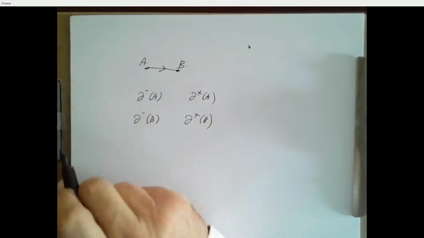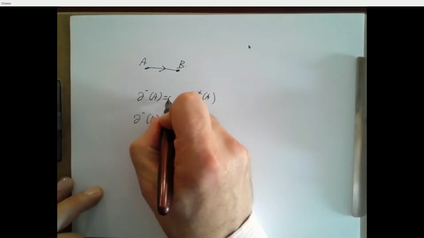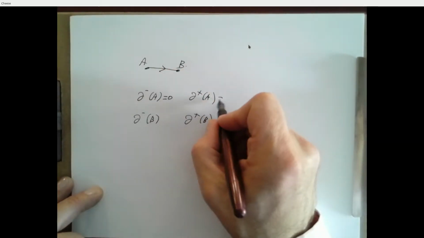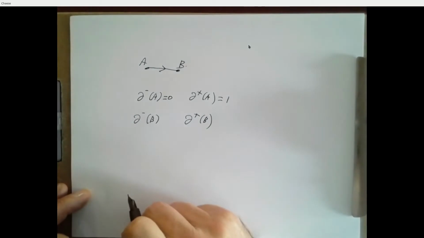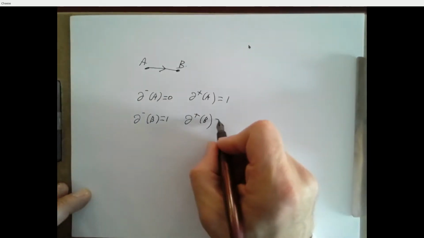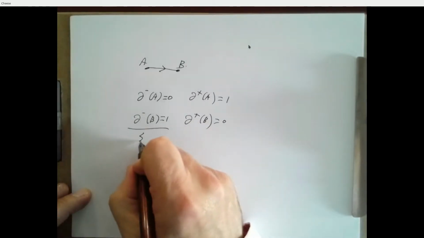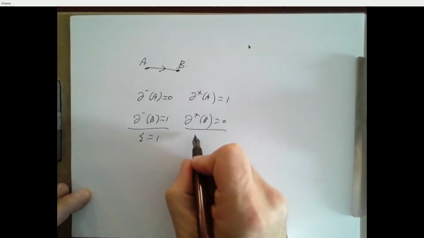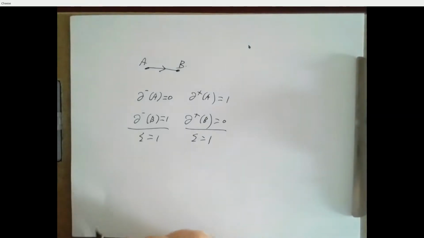So number of things going into A is 0. Number of things coming out of A is 1. Number of things going into B is 1. Number of things coming out of B is 0. So the sum of the in degrees is 1. The sum of the out degrees is 1. And the number of edges is also 1.